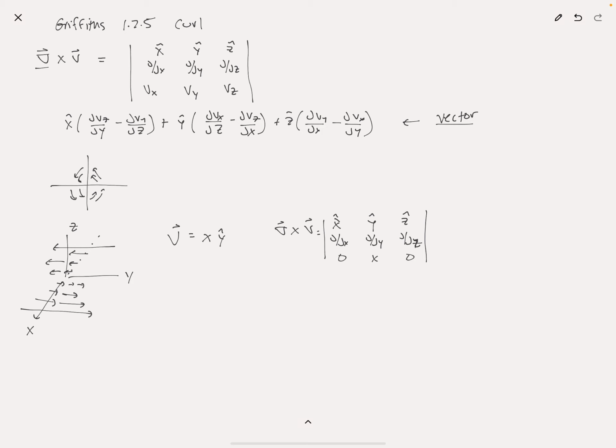What am I left with? Okay, I don't have any x component. Those are all zeros. I don't have any y component. I'm only left with a z component, and the value of that is 1. So I'm left with the z hat. So the curl of my vector field is 1 in the z hat.